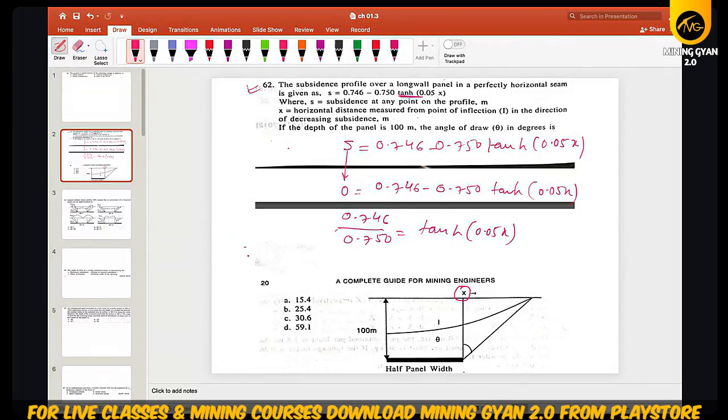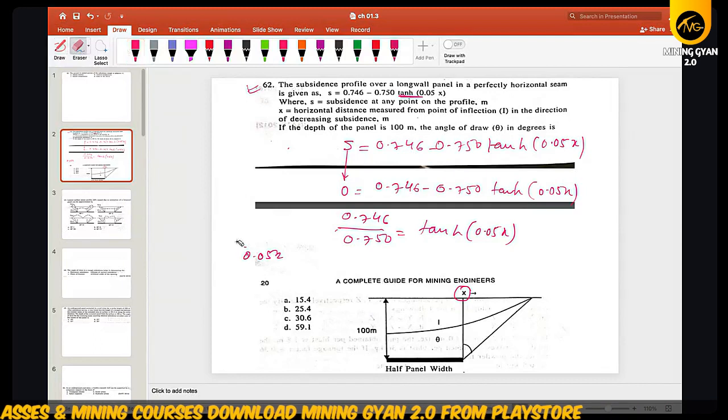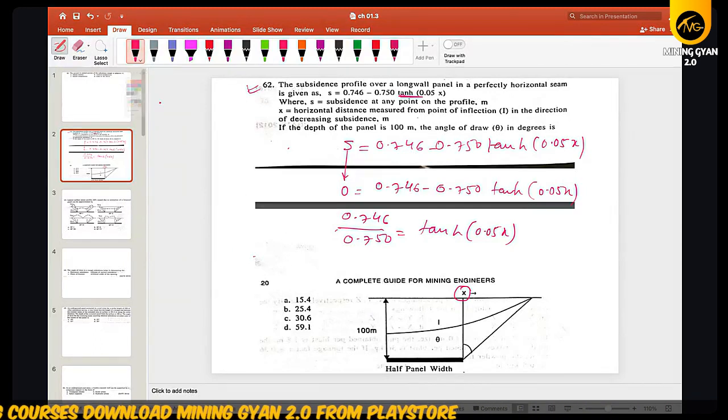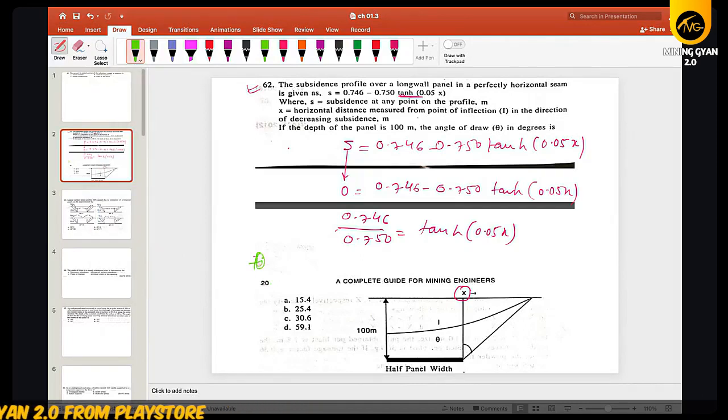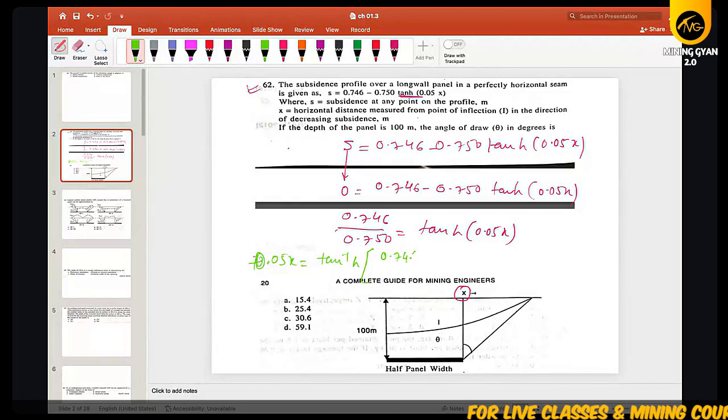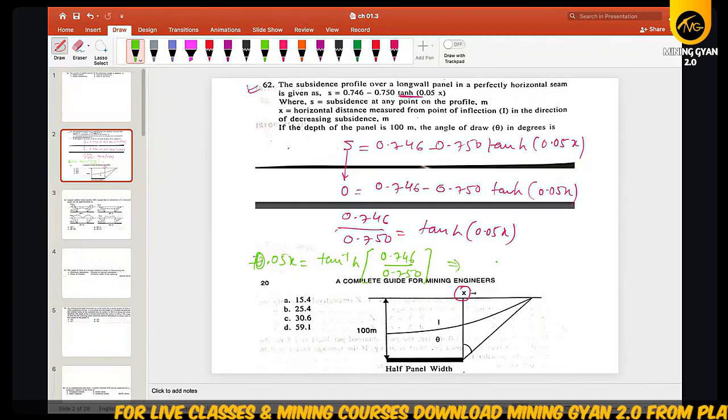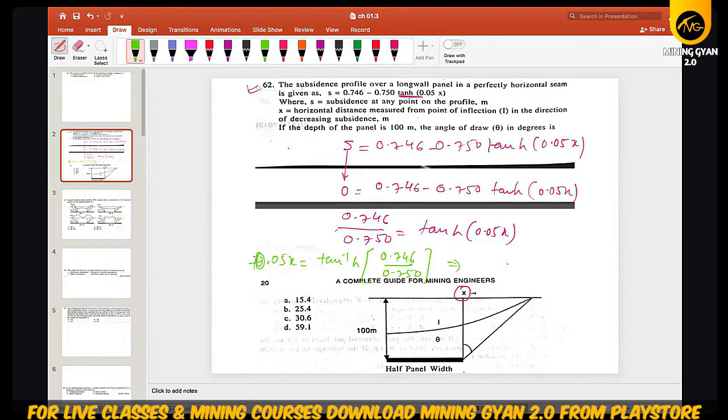So 10 inverse log of 0.05 x equals 0.746 divided by 0.750. So from here the value of x will come. It will give you the value of x.